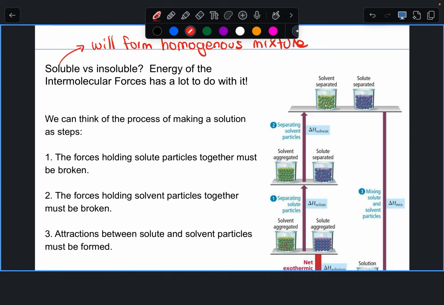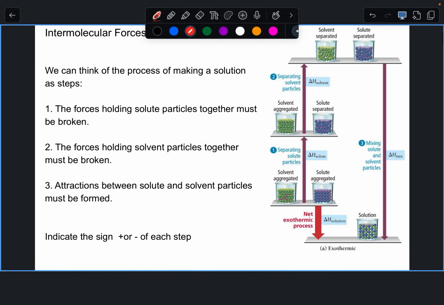The pictures on this aren't super helpful, but the diagram itself and how the energy changes is. So the first step, it's written here, but also over there in the picture. The first step is we need to separate the solute particles, okay? So if we're talking about salt water, we have sodium chloride, and we need to separate it into sodium ions and chloride ions that are away from each other.